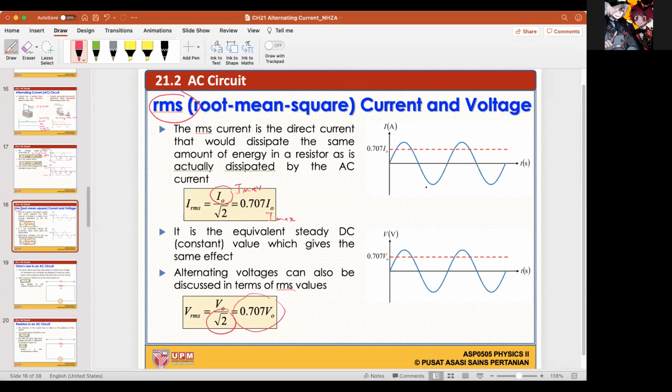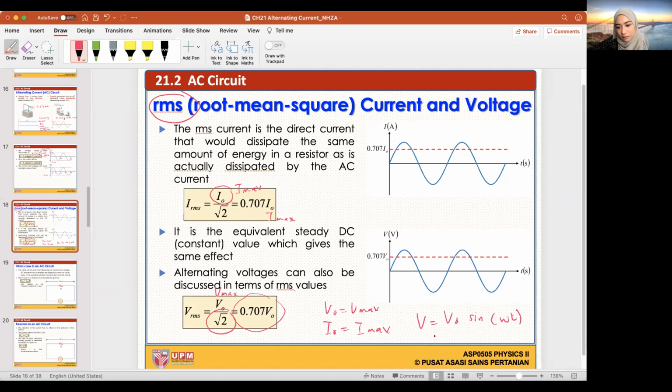Doctor, which one is the Imax? Is it the I naught? Yes, I naught is Imax. Same with V naught. V naught means Vmax. Okay, thank you, Doctor. So V naught is equal to Vmax, I naught is equal to Imax. It's the same thing. So when you have your equation V equals V naught sine omega t, it is the same as Vmax sine omega t.